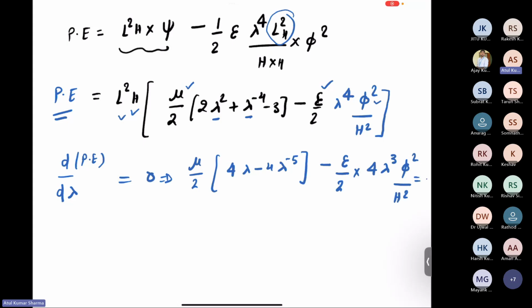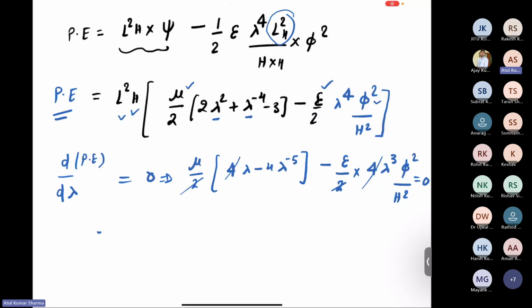That should be equal to 0. Now we can say that the 4 will cancel out. L square h will also go to the right hand side, so 0 upon L square h will be 0. And the 2 will also cancel out, or you can say it goes to the right hand side, so that will become 0.